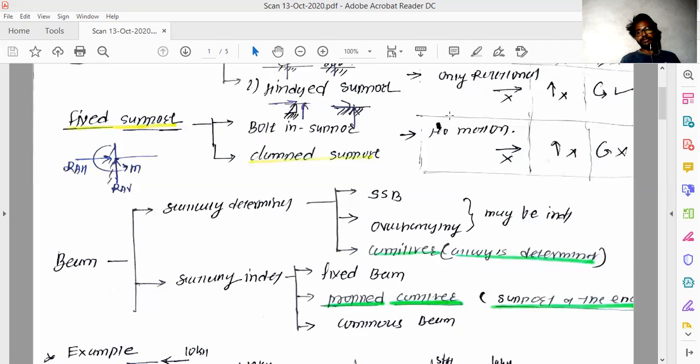In this condition, one force is added there, and two forces and one rotation moment are added at the fixed support, so it adds four unknowns. We only have three equations, so it is not possible to find four unknowns with three equations. Because of this, it becomes statically indeterminate.